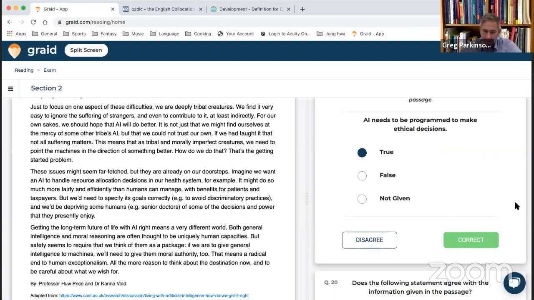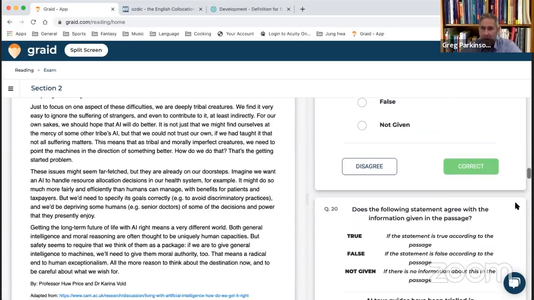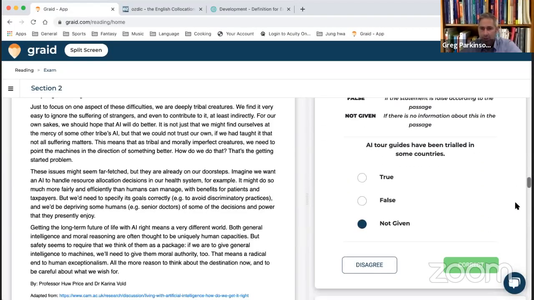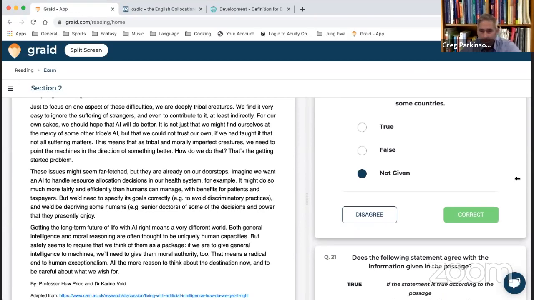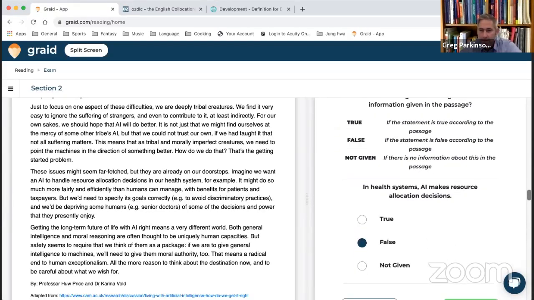Let's move on. There was one more collocation I wanted to point out, and it was down here: resource, okay, resource allocation, right? So two words that I think are very worthwhile learning.